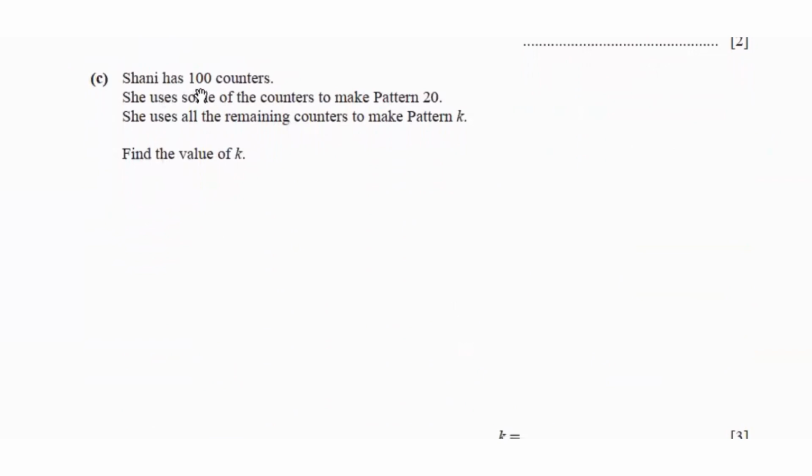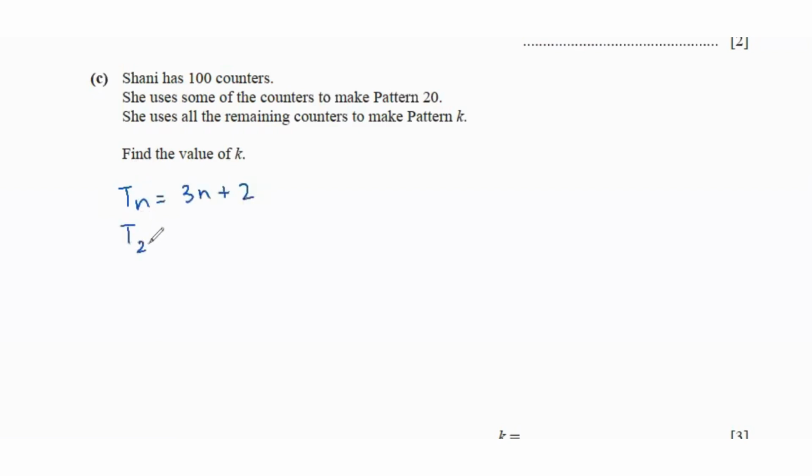Then it says Shani has 100 counters. She uses some of the counters to make pattern 20. She uses all the remaining counters to make pattern k. Find the value of k. So some of the counters are used to make pattern 20. So let's find the number of counters used to make pattern 20. Tn is 3n plus 2.